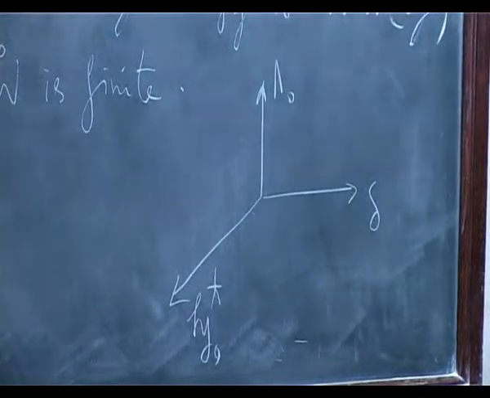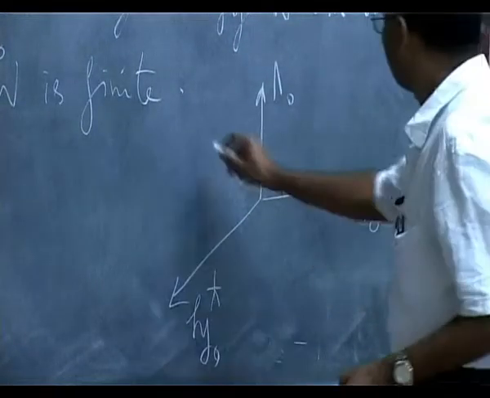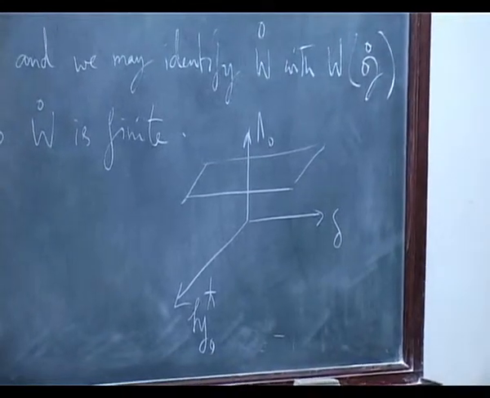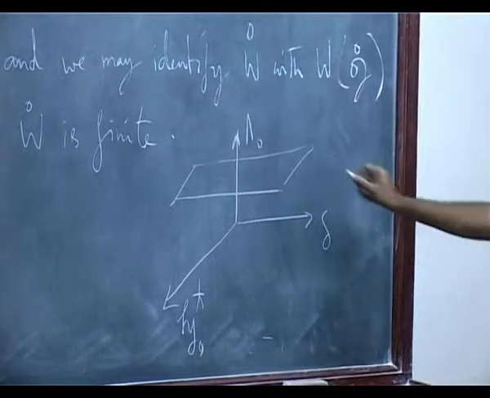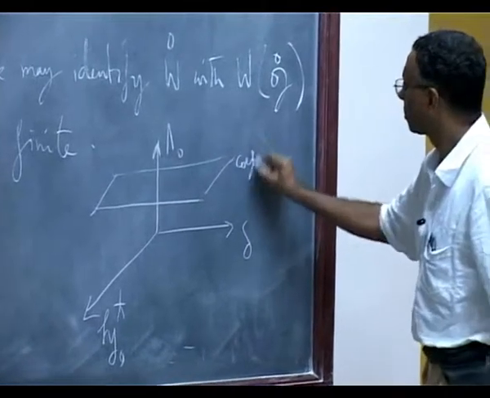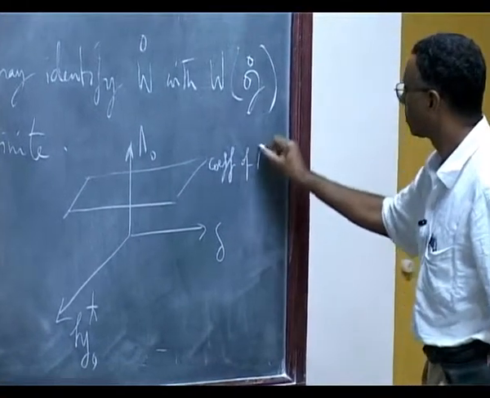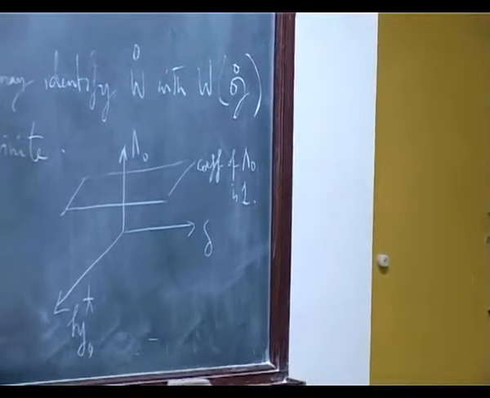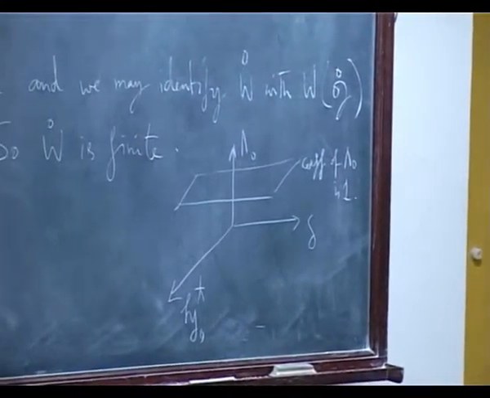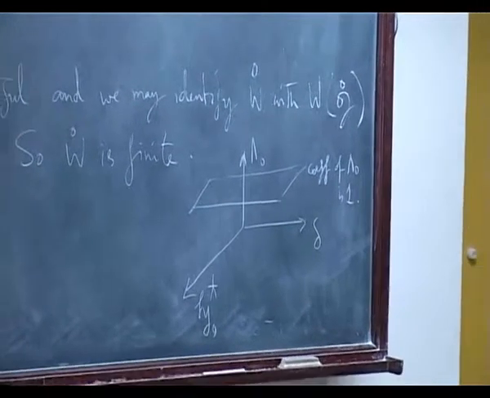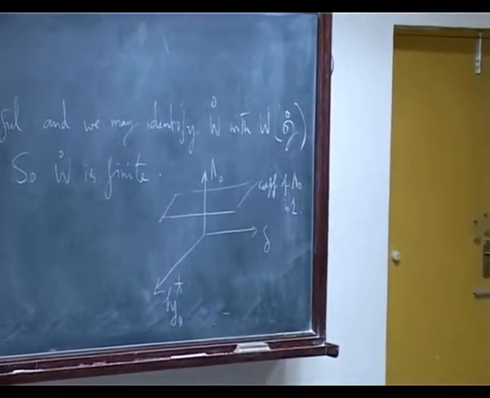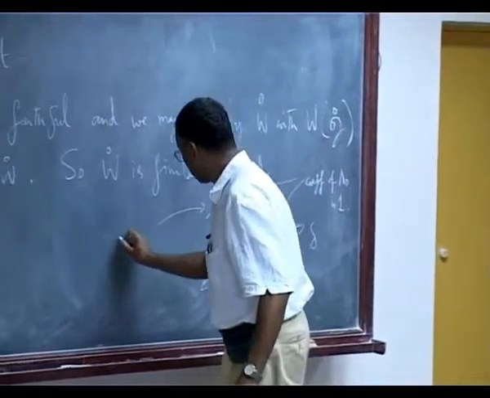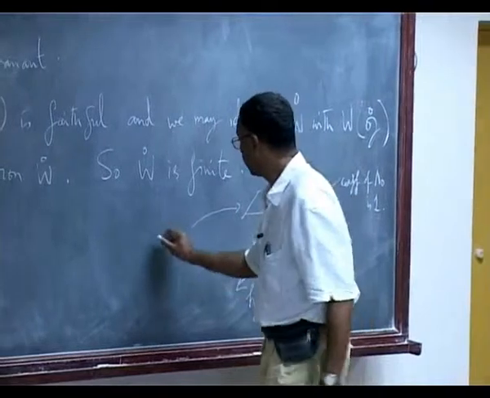Now look at the plane where the coefficient of lambda naught is 1. I claim that plane is fixed by W. So this plane is fixed by W, not pointwise, but invariant, W invariant.